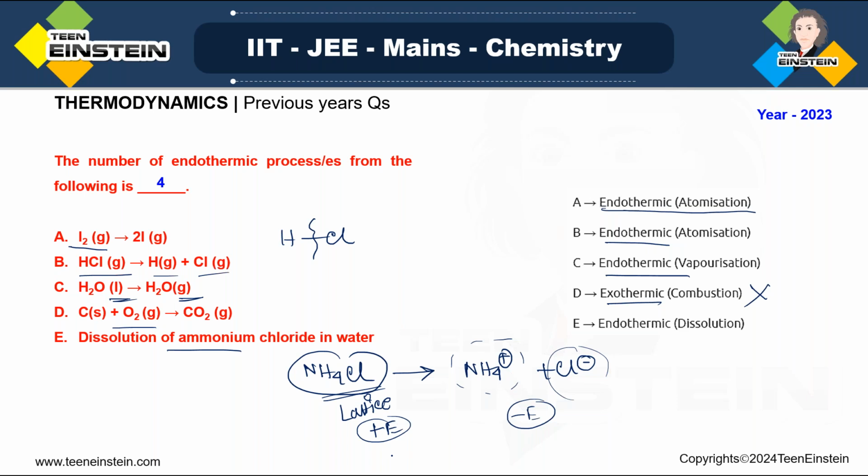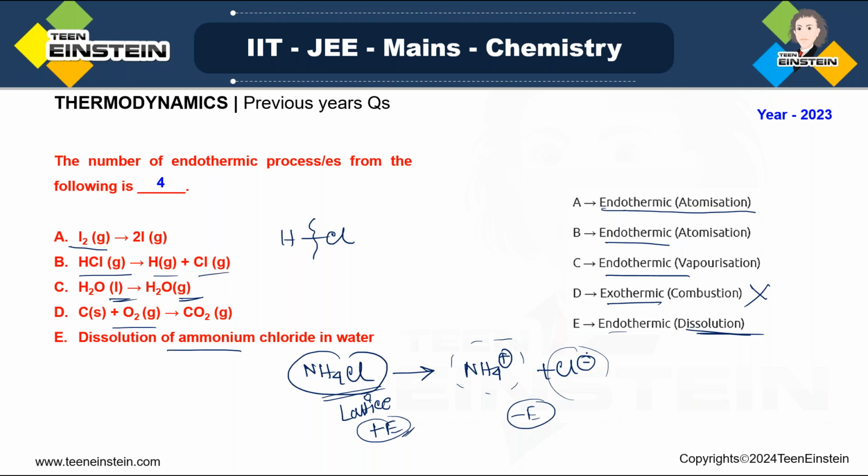So for the combined energy change, if the numerical value for breaking the lattice of NH4Cl is greater, then it will be endothermic. It is not that any dissolution process is always energy demanding, that is, endothermic. It is not always true, but in this case it is true.